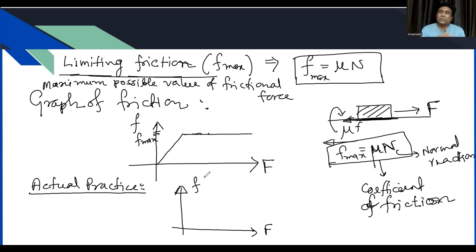Is pushing a stationary car to move difficult, or is pushing a moving car so that it keeps on moving difficult? To make a stationary car moving or a moving car keep moving, which one is a difficult task for us?